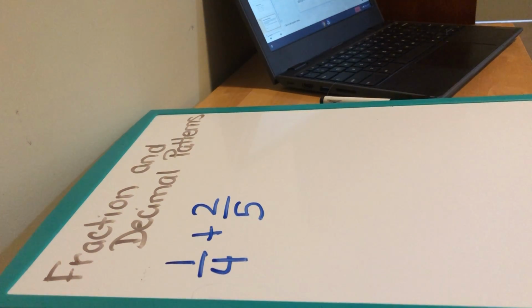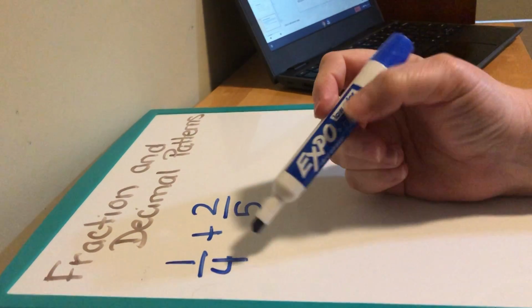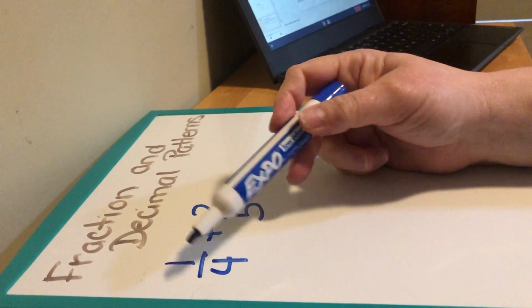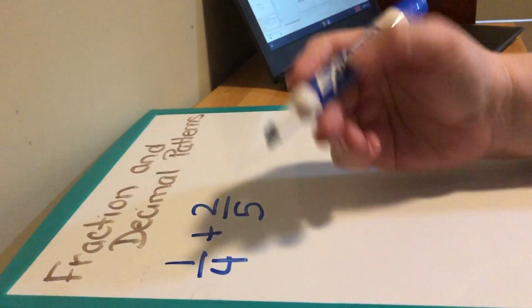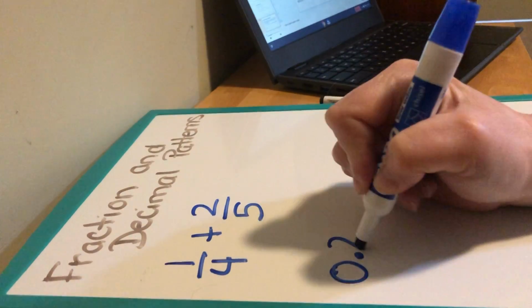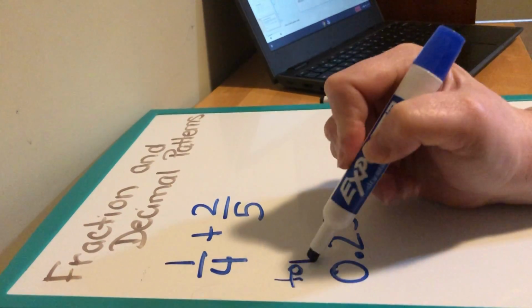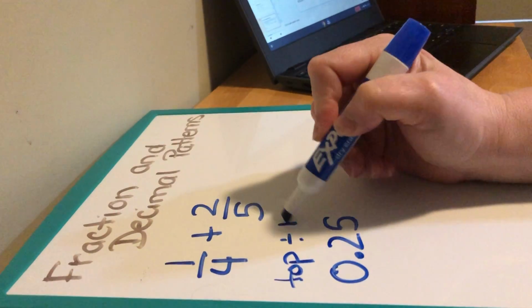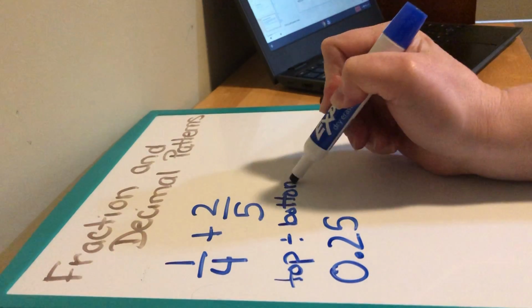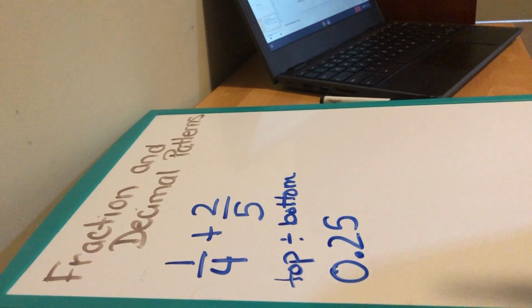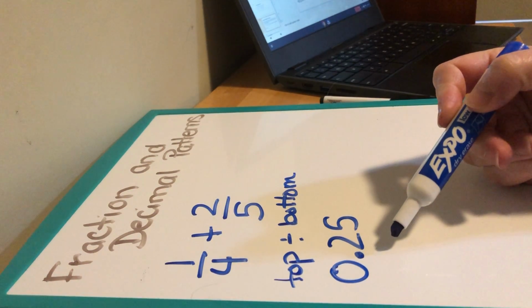So I should stop here and briefly explain that if I want to find the decimal of this, and I don't know that 1/4 equals 0.25, if I take the top divided by the bottom of any fraction, it will give me the decimal equivalent.